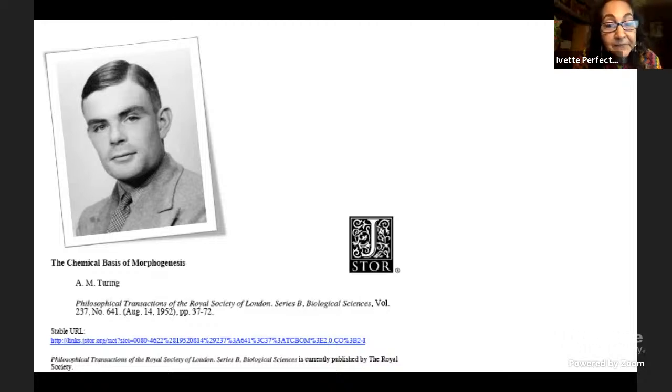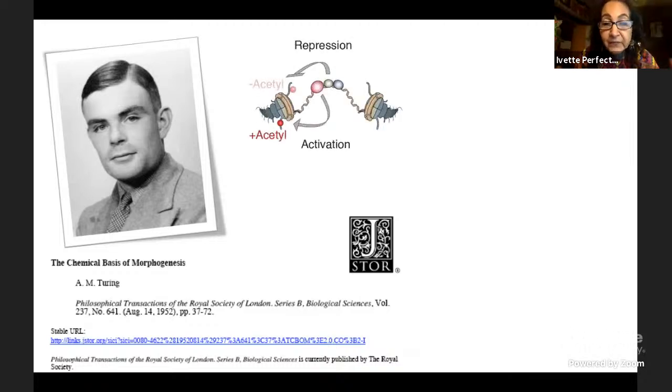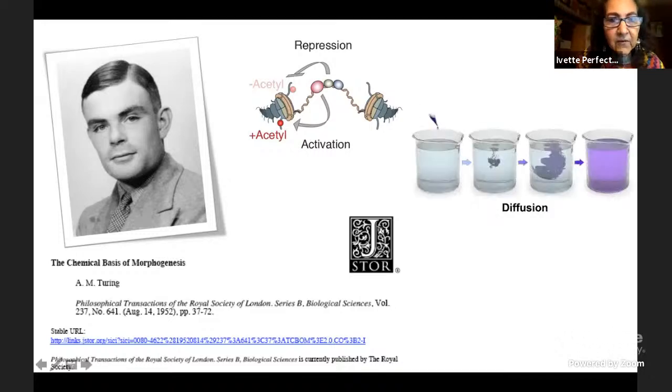In chemistry, a reaction is frequently assumed to be stabilized by the balance between an activator or an activation process and a repression process. Now, a different stabilizing process is diffusion, no? So here you have activation and repression. Here you have diffusion. And so you put a drop of a dye and it diffuses, no? And it's a very stable process.